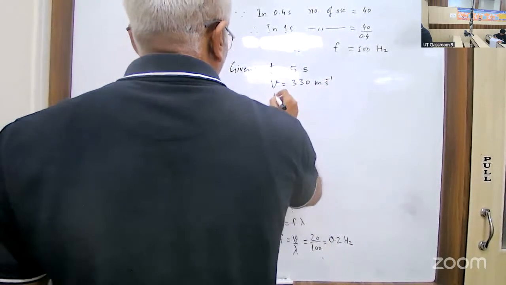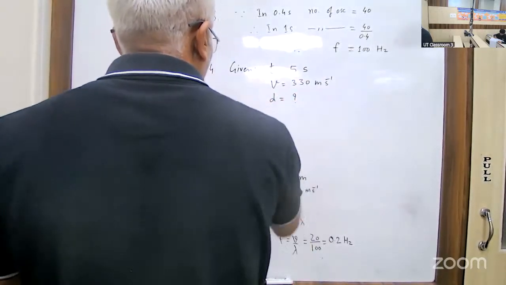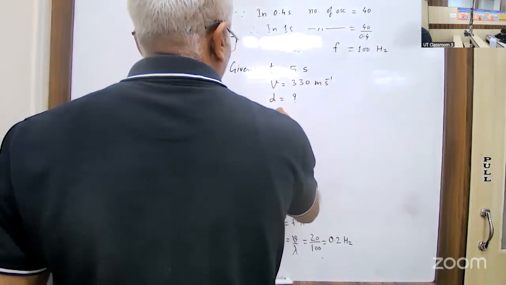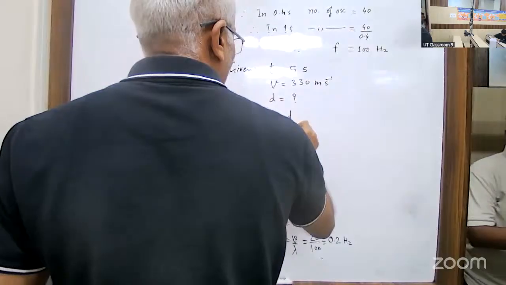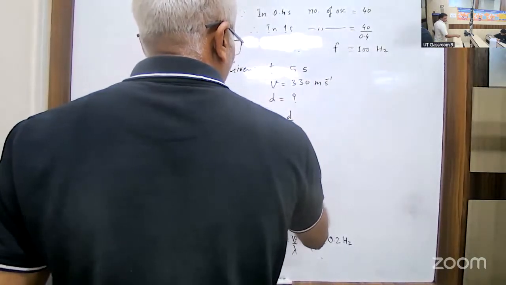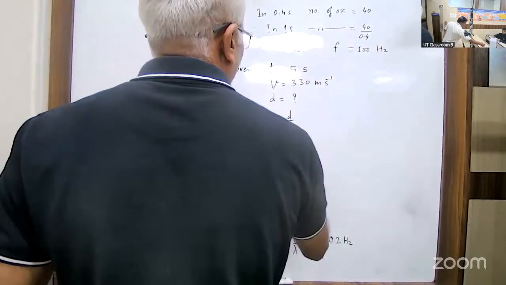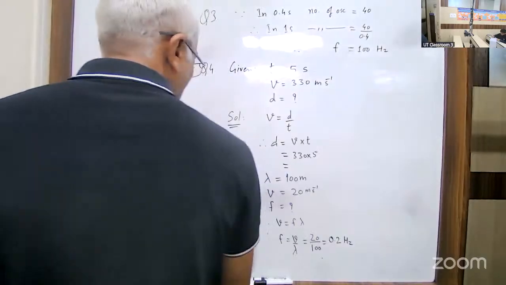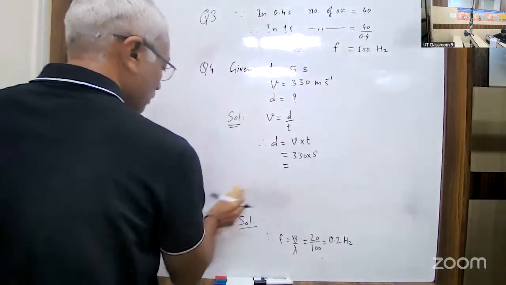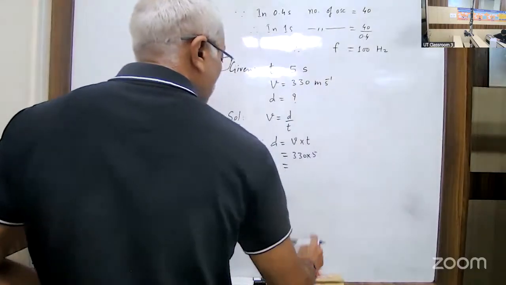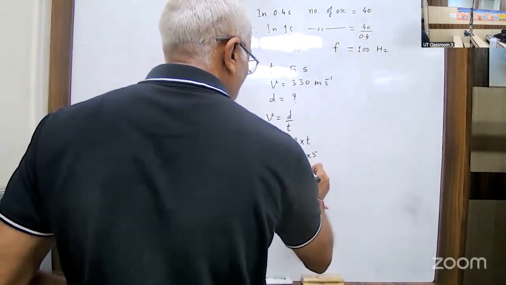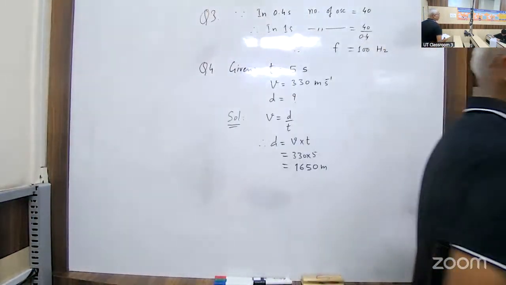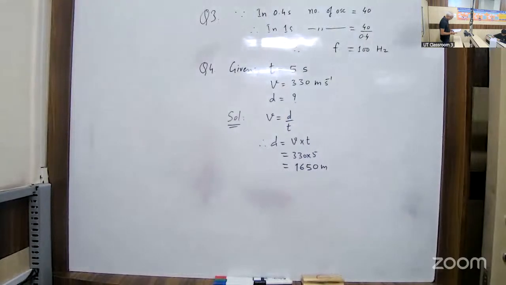Find the distance of the flash from the observer. So v is equal to d by t. Therefore, d is equal to v into t. Okay. So it is a simple speed and distance formula.